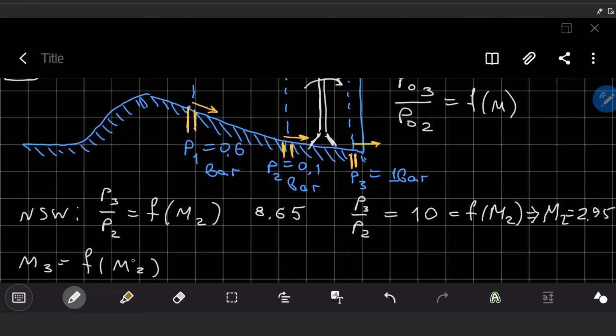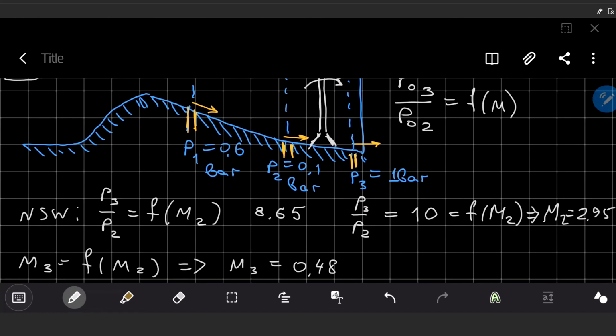And from here, since we know the function and we know the value of M2, we can calculate M3. In our case, M3 will be 0.48. Okay, this is the Mach number after the shock wave. Just using this relation here, or Appendix B, I can calculate the Mach number after the shock wave.